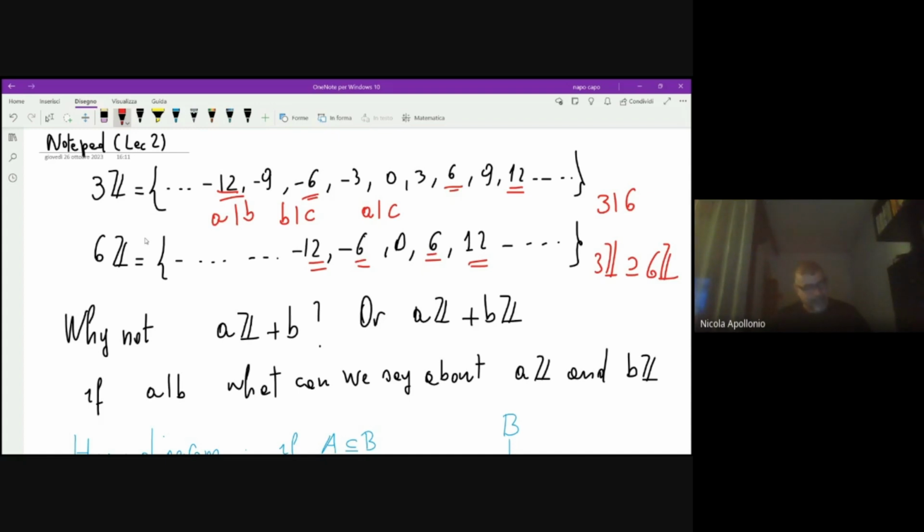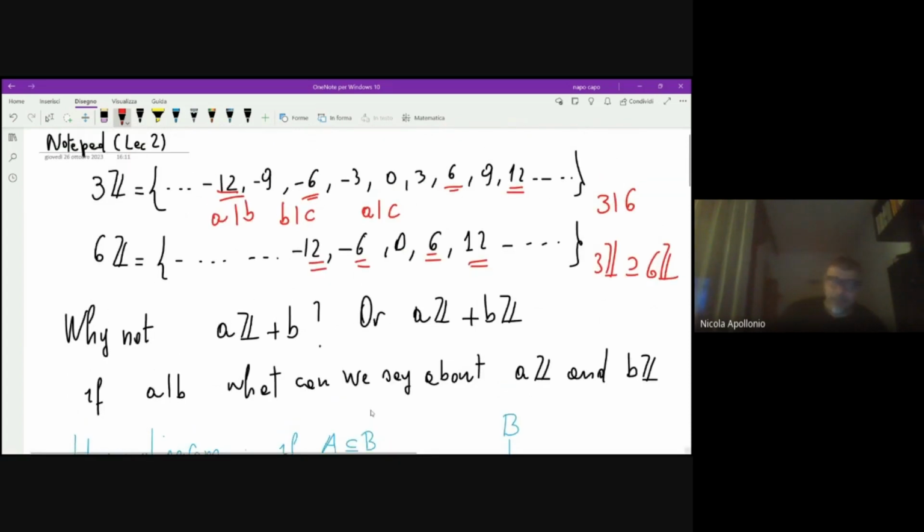This is quite nice, because it suggests that these sets already have some structure. For instance, they reverse divisibility in the following sense: if a divides b, aZ is a superset of bZ.